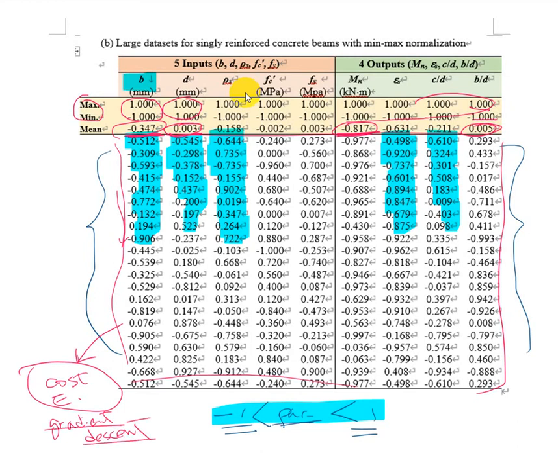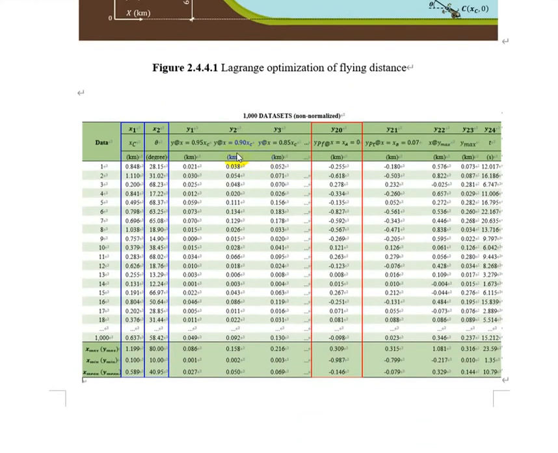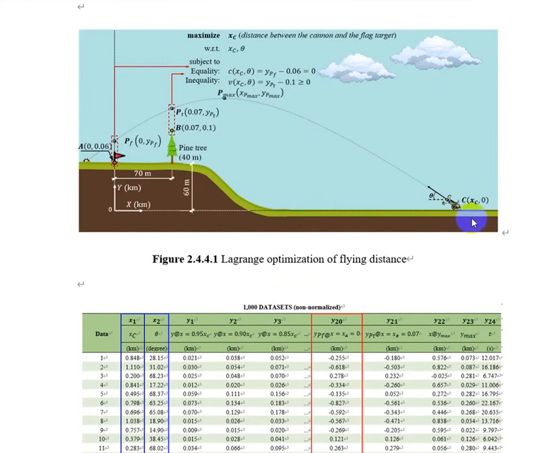We will explain how to get gradient descent from cost and error functions to go for back propagation to update your weights and biases in a few lectures. There's another example which I'll be publishing in a future book. There we have a flying distance and the Lagrange optimization of flying distances, and this is the big data. I'm listing only 18 here, but I have about 1,000 big data over there to describe the trajectory of the cannon, as you see over there.